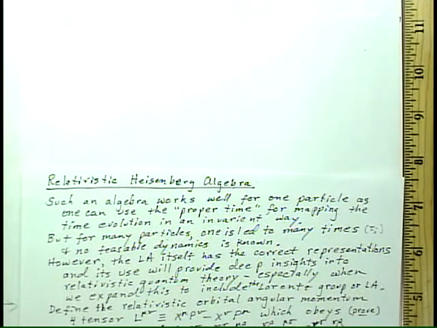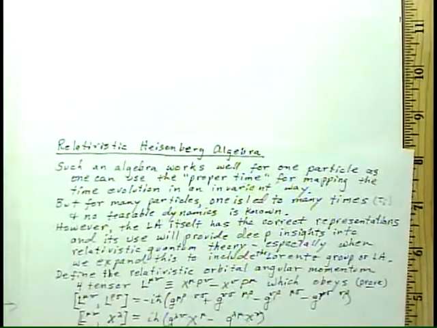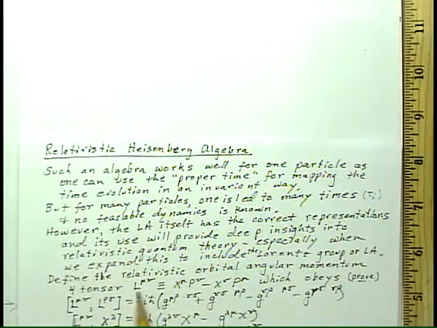We have our relativistic Heisenberg-Lie algebra, which has 9 elements. We're now going to define a new object called the angular momentum 4 tensor. It is actually the orbital angular momentum 4 tensor, because orbital angular momentum is defined in terms of the position and the momenta.